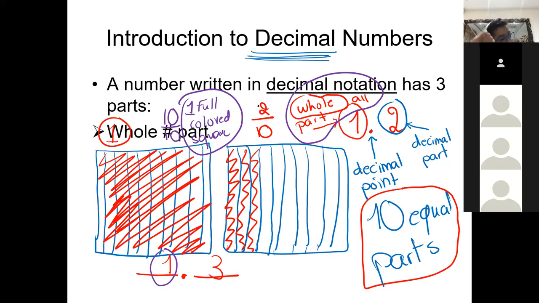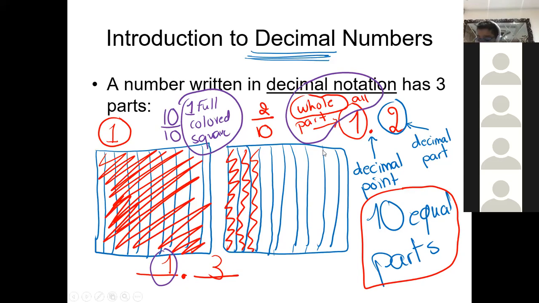Who will tell me? The decimal part represents the number out of the number. Represents what? Out of 1. It represents the number out of 1.